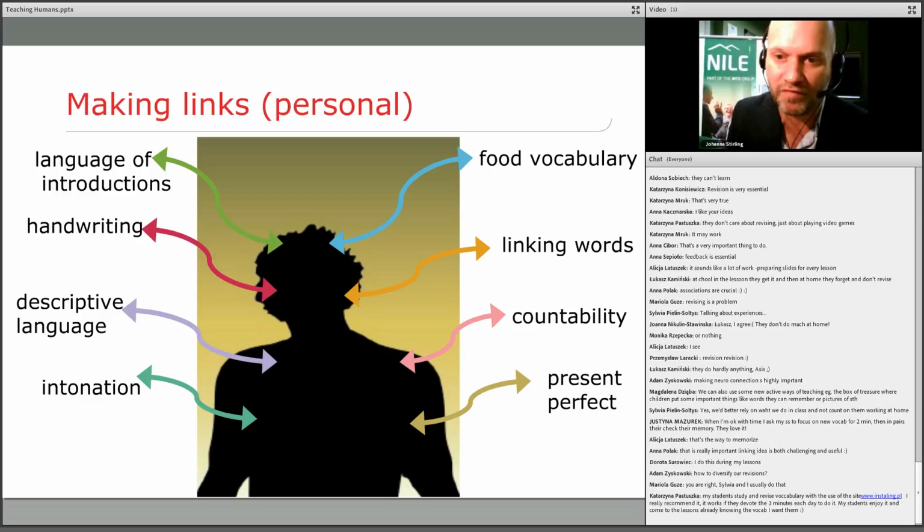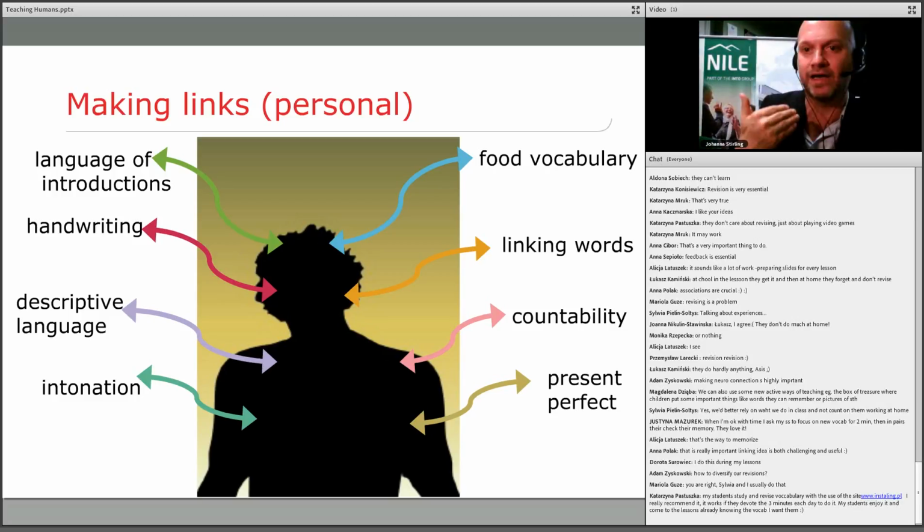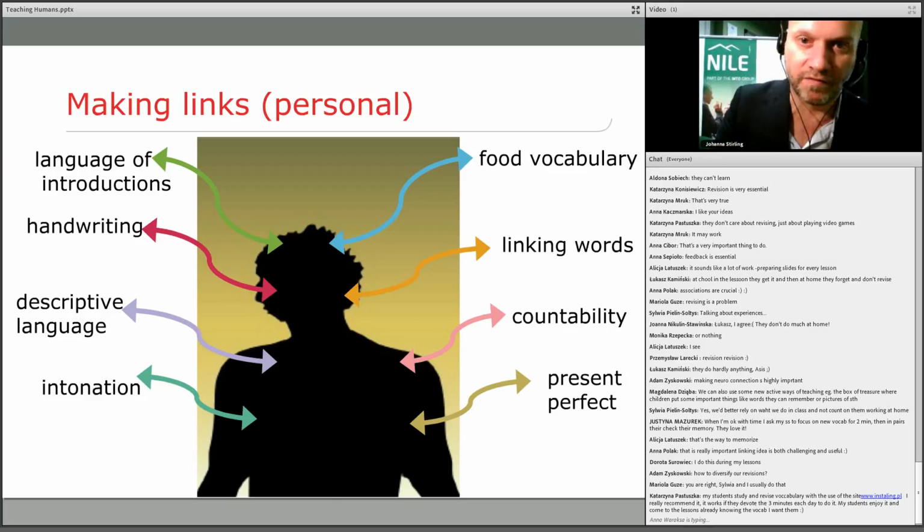So there's a question here of how do we diversify our revisions? And I would say by linking what you've done before to the present topic, right? So if previously you have done food vocabulary and now you're doing present perfect, well then use that food vocabulary in present perfect.